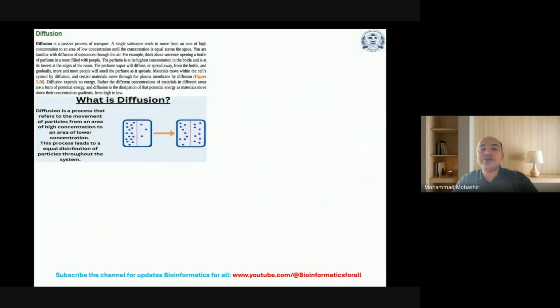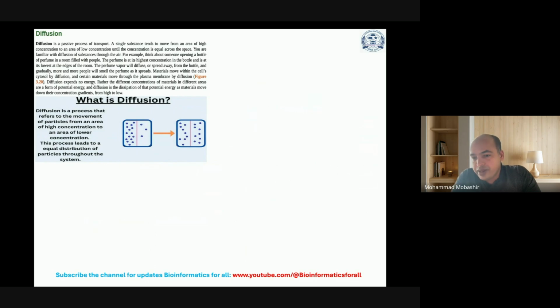So, what is diffusion? Diffusion is a process that refers to the movement of particles from higher concentration to lower concentration. So what I was saying basically is that when particles move from a higher concentration to a lower concentration area, this process leads to equalizing the concentration throughout the system.